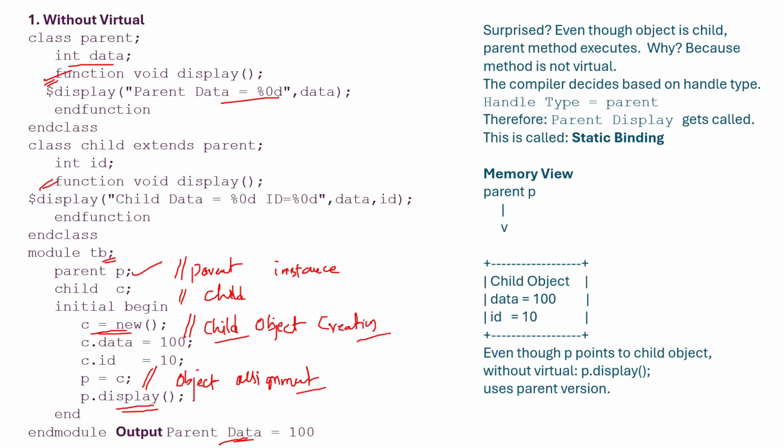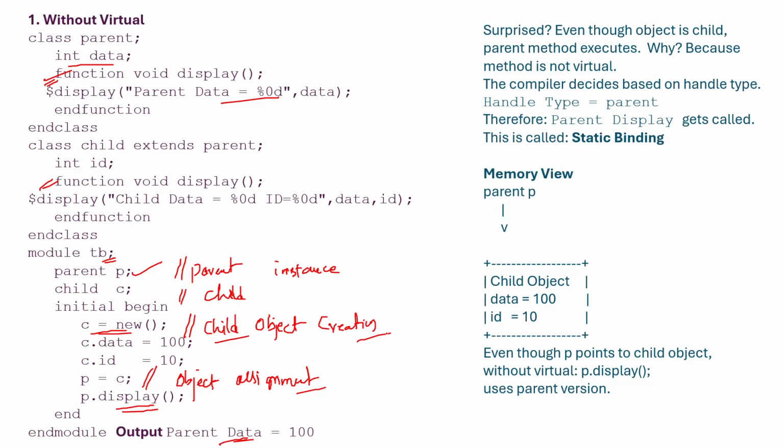Even though the object is child, you are creating the object for child, what is the output you get? The parent method executes. Why? Because the method is not virtual. If the method is virtual, then the method of whichever class you created the object for is the one you get at the output. Are you getting me?